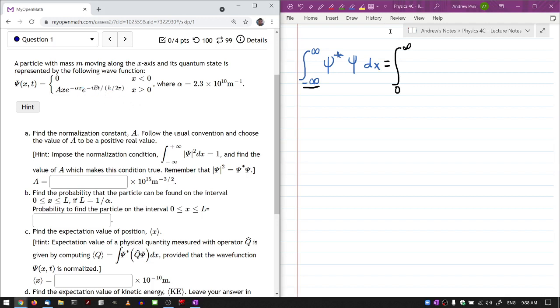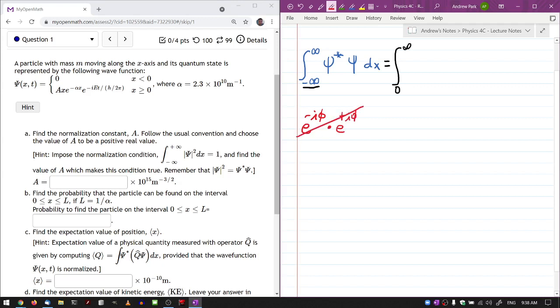So the function itself looks like e to the minus i times, I'm just going to collectively call the rest phi, as a function of x and t. When I multiply that with its complex conjugate, e to the plus i phi, they are going to cancel out.